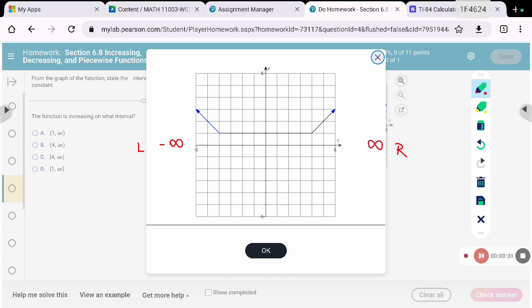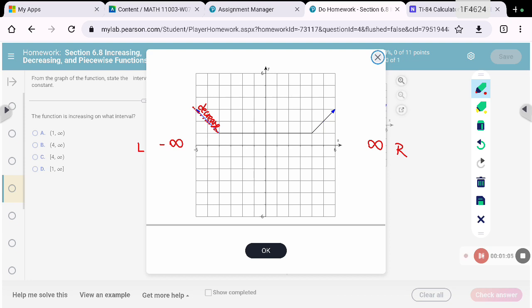We're going to talk about increasing, decreasing, and constant intervals. So when I'm coming in from the left side of this graph, here is where I'm going to start hitting the graph. You'll notice that values on that particular piece of the graph are going down. So that is going to be a decrease section.